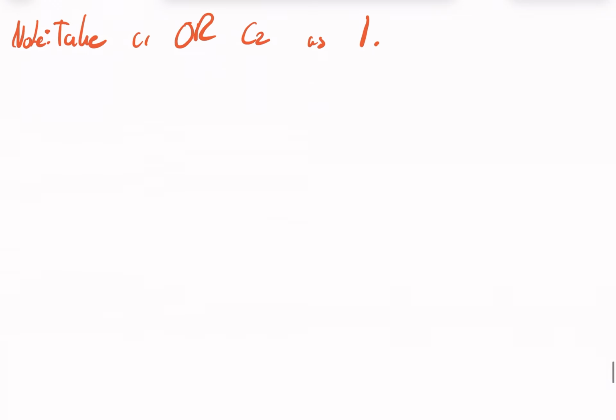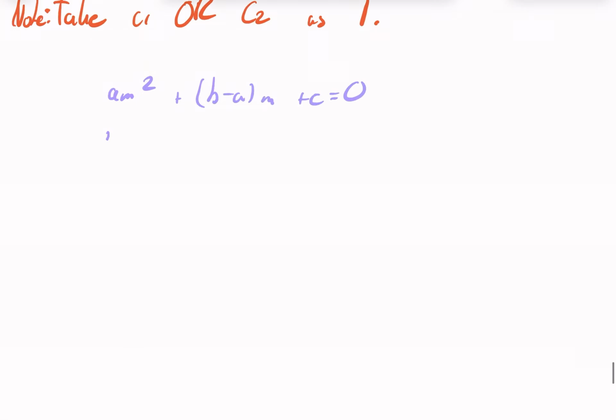Okay. So I'm going to use my special equation, am squared plus bm plus c equals 0. We get m squared minus 18m plus 81 plus lambda equals 0.